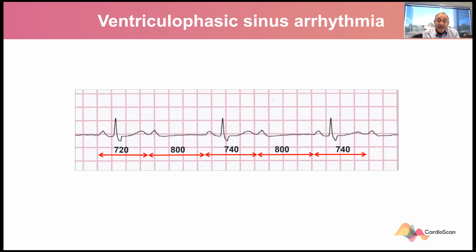But once you have a PP interval without a cardiac output, it then says, sorry, I must get faster again. And this is called ventricular phasic sinus arrhythmia, meaning that it is sinus arrhythmia, but it occurs because of the phases of the ventricular output with 2:1 AV block. So the ECG I showed previously, which we thought was atrial ectopics, remember this phenomenon can also occur with 2:1 AV block.